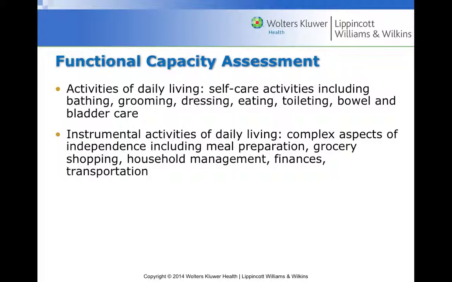So you want to know the differences between the two. Instrumental activities of daily living versus your activities of daily living, like your bathing and eating, toileting, stuff that would be on your Maslow's hierarchy of needs.